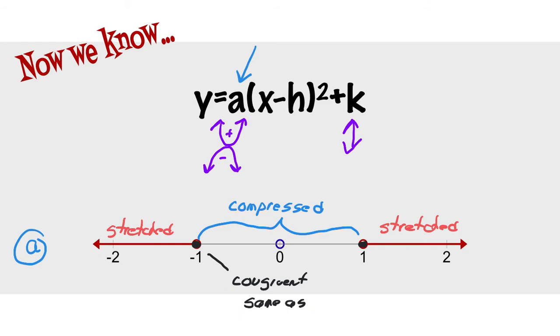So if A equals 1, it's the same as the original. The only thing A cannot be, and which is why we have an open circle here, is 0. You might realize that if A were 0, you no longer have a parabola, you have a line. So all we have left to figure out now is what does H do?